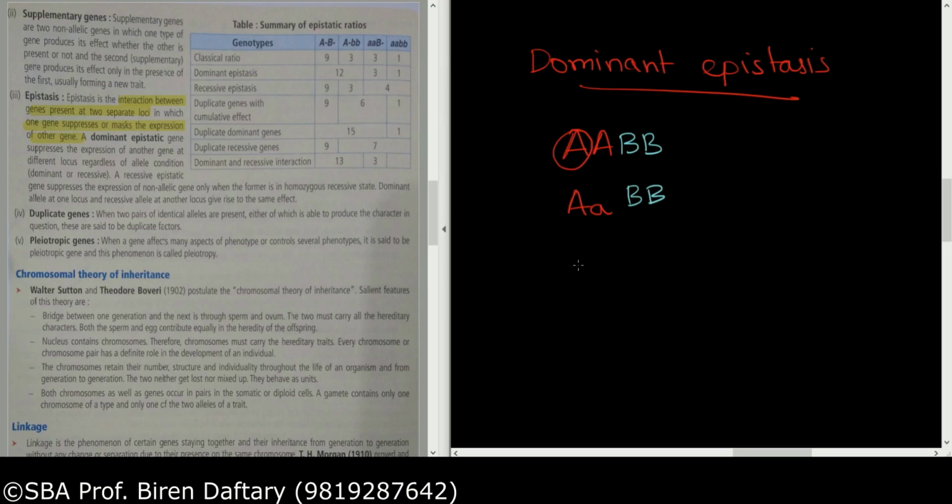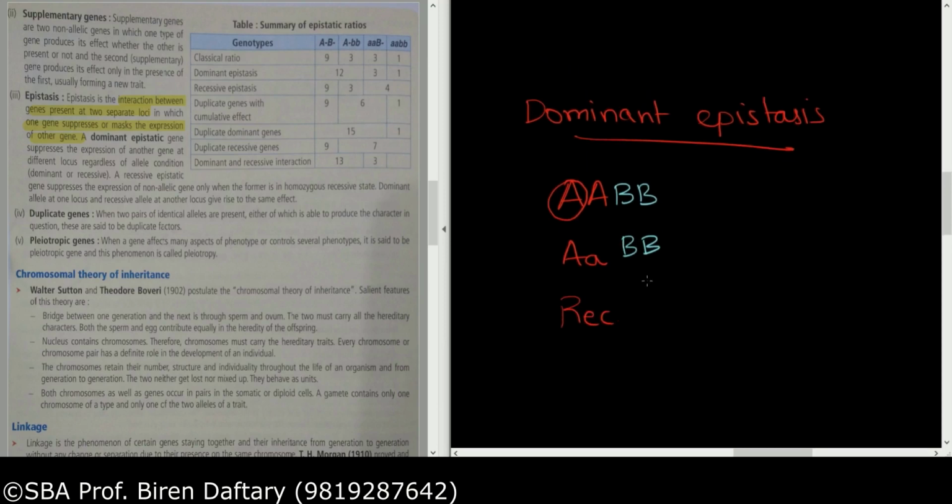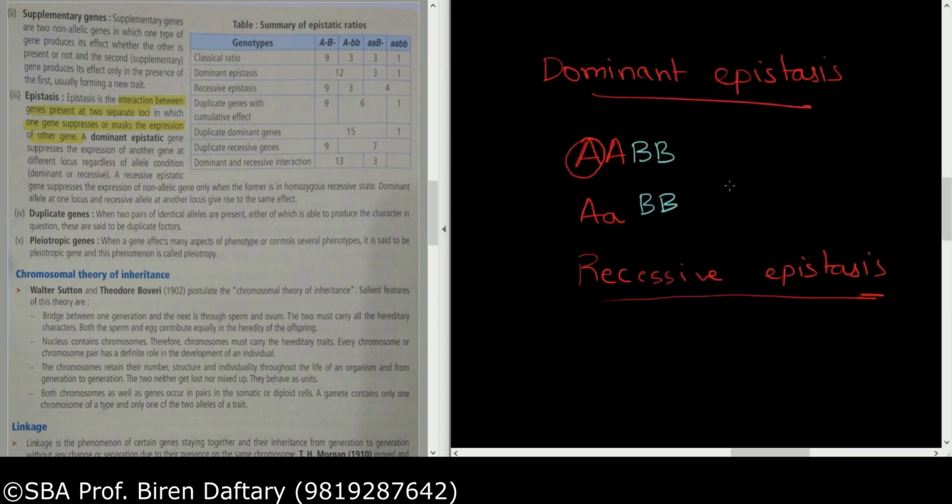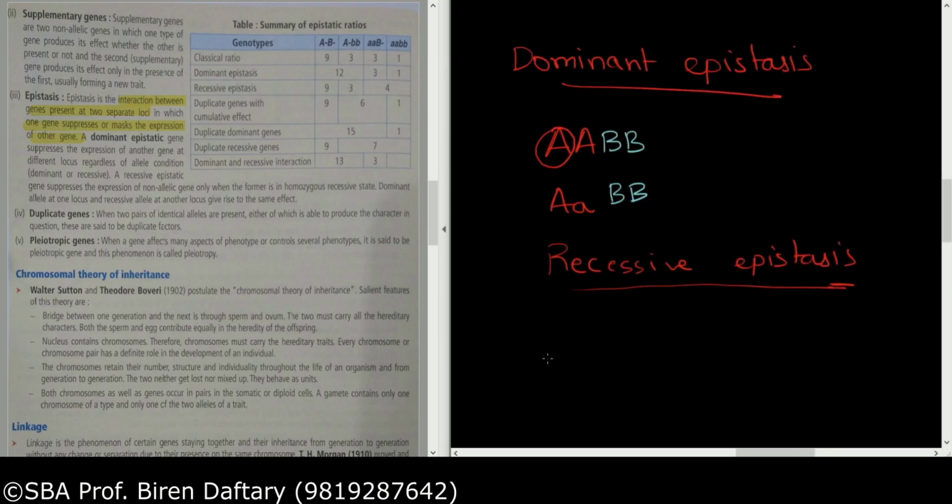Whereas if you see recessive epistasis, in recessive epistasis the gene causing epistasis is a recessive gene, and as you know, for a recessive gene to show its effect, it has to be present in double quantity. So if I want to show an example of recessive epistasis, I will have to write down small a, and any other combination you can write, small a, capital B, small b.